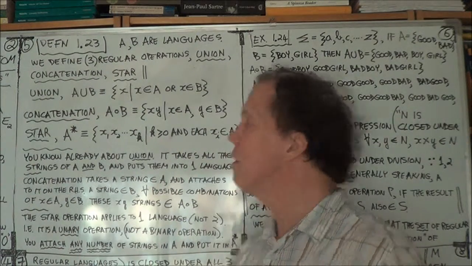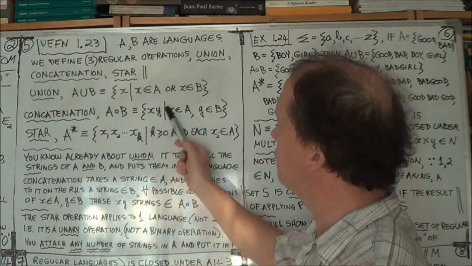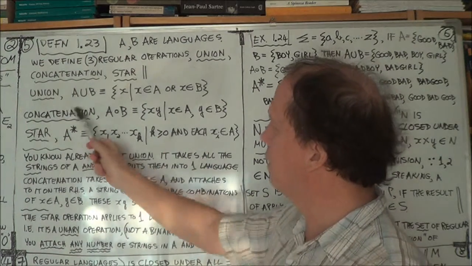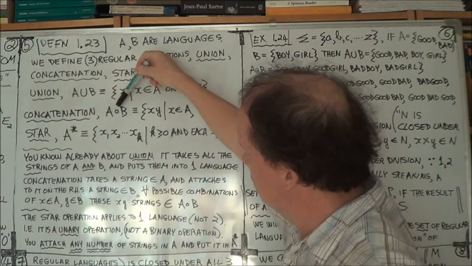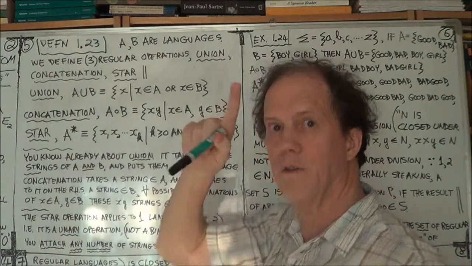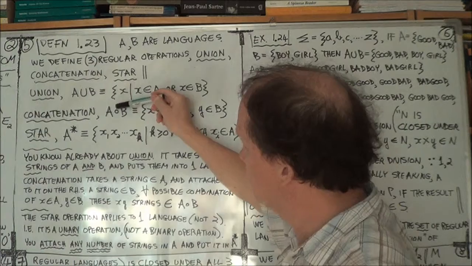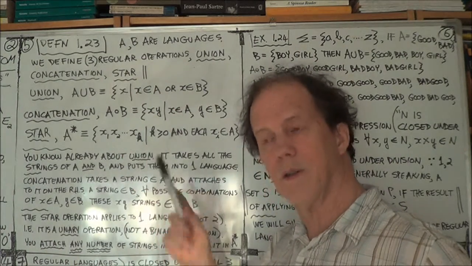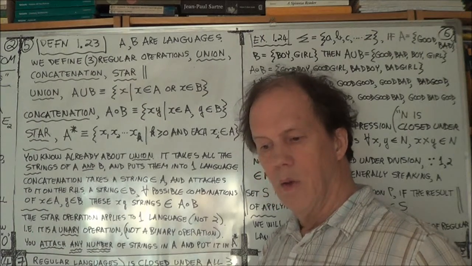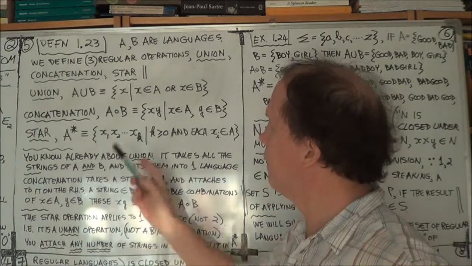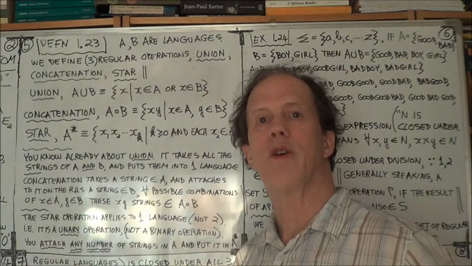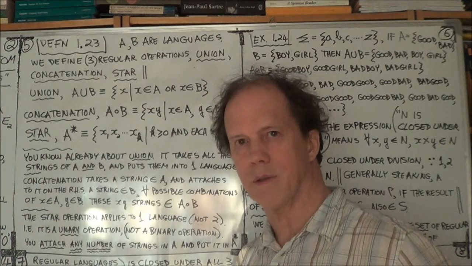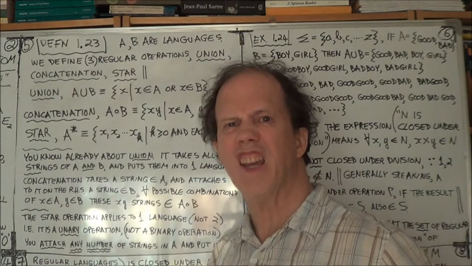Note that the symbol for concatenation of languages is a little circle. In this context of regular operations, you interpret this little circle to mean a concatenation of two languages. That's the concatenating symbol.